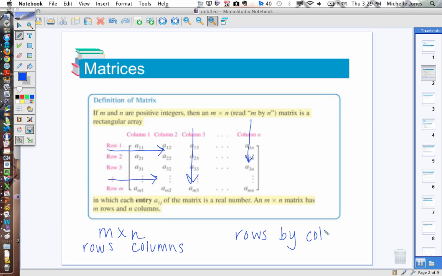I don't know if you want to come up with a little saying, R then C, like running to college. I'm sure you'll think of something creative. But this is how we're going to define our matrices. So it's really important that it's rows by columns.